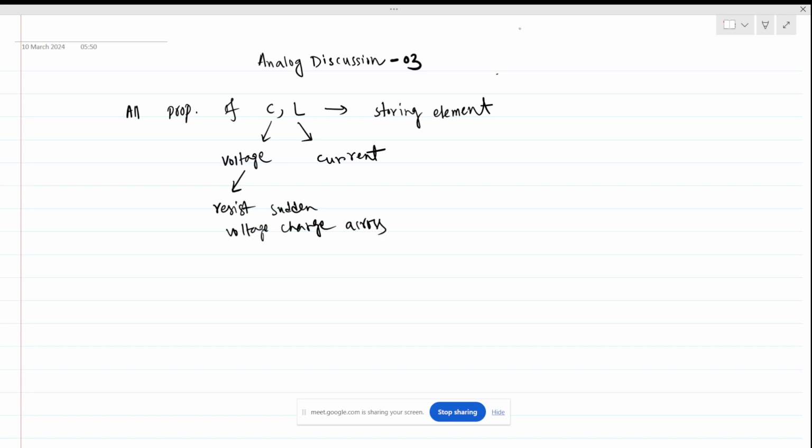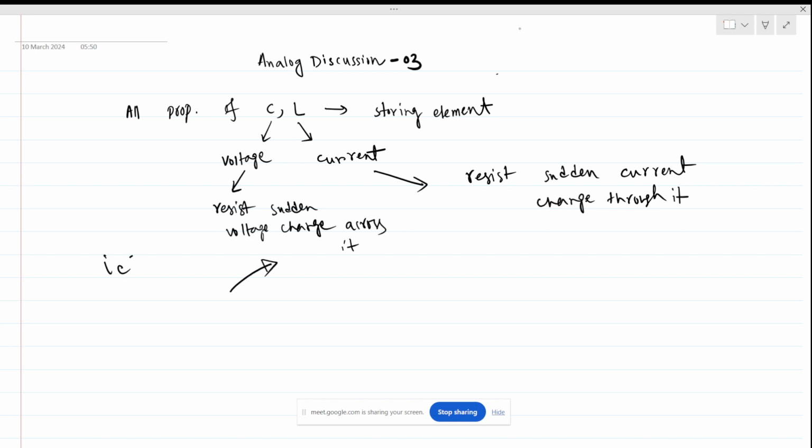Similarly, the inductor resists sudden current change through it. This is the basic property, and it is valid when the current through the capacitor is finite, and also when the voltage across the inductor is finite.